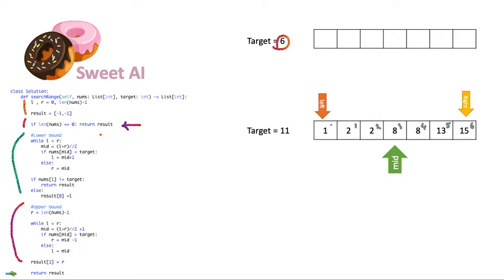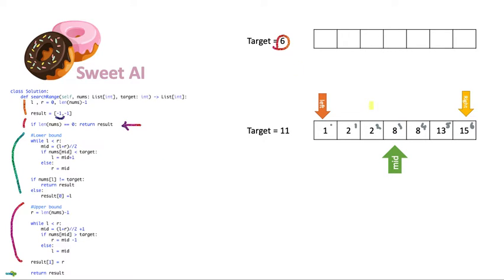We go through this while loop to find the upper bound, which is here. We need to find the upper bound and replace it if we can find the target value. We find the mid by getting the sum of the lower bound plus upper bound divided by 2, which is going to be index 3 in this case.